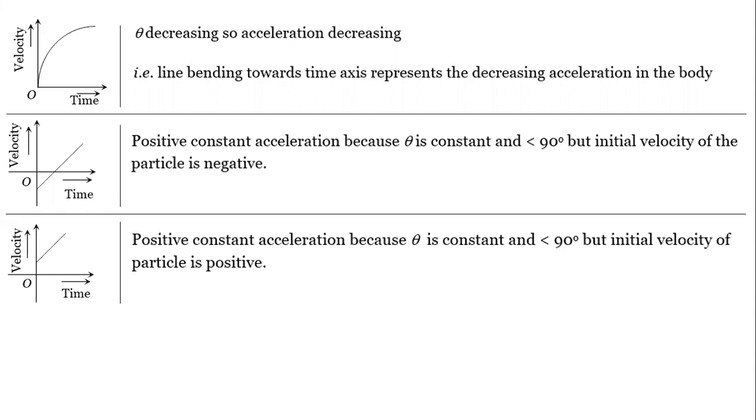Angle less than 90 interprets that the acceleration is positive, and it also interprets that it is constant because the angle is not changing. So it's again uniformly accelerated with initial velocity positive.